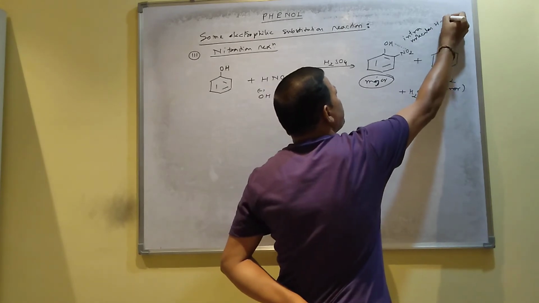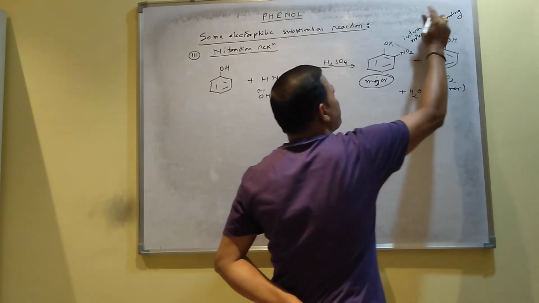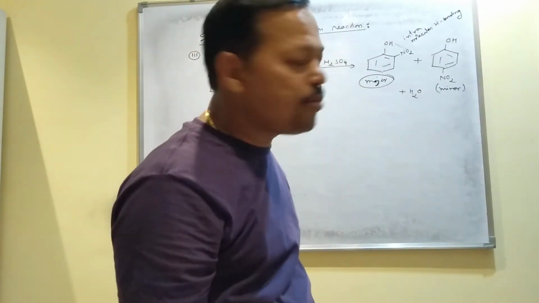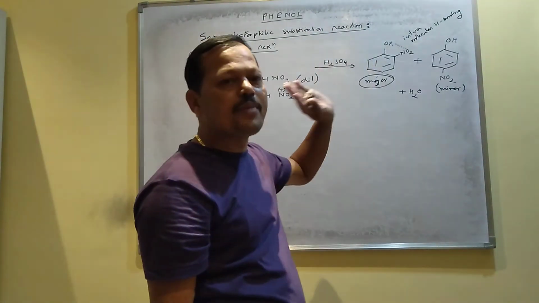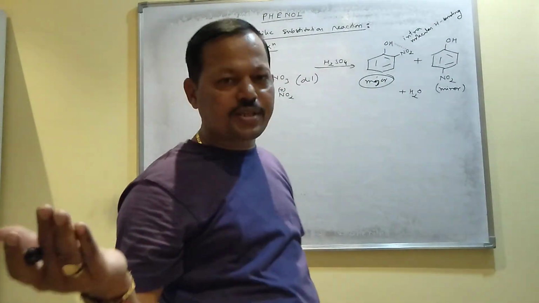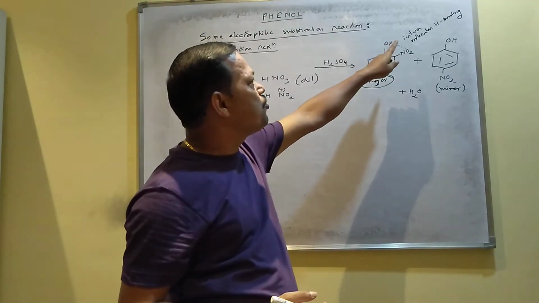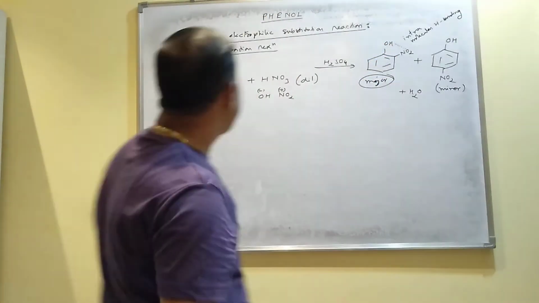Due to formation of intramolecular hydrogen bonding, ortho product is more stable than the para one, and that is why here ortho is the major product. Normally para is always stable, but it has the exceptional character due to formation of intramolecular hydrogen bonding.